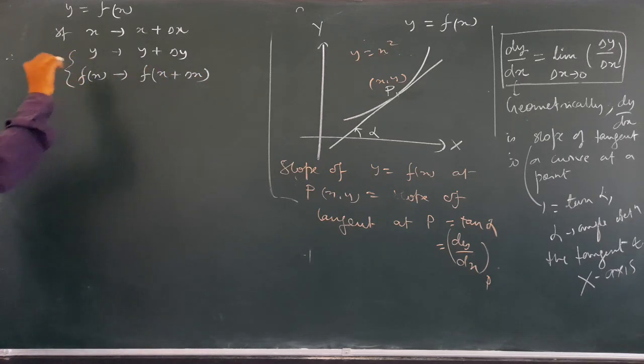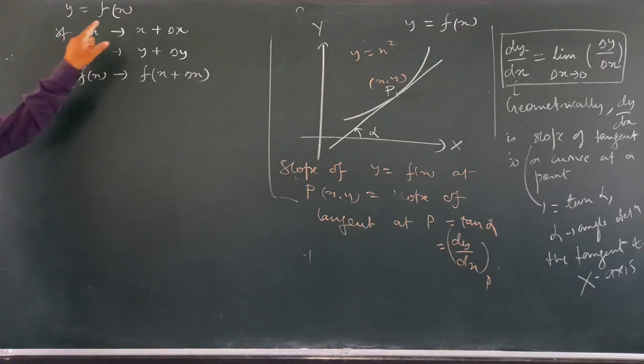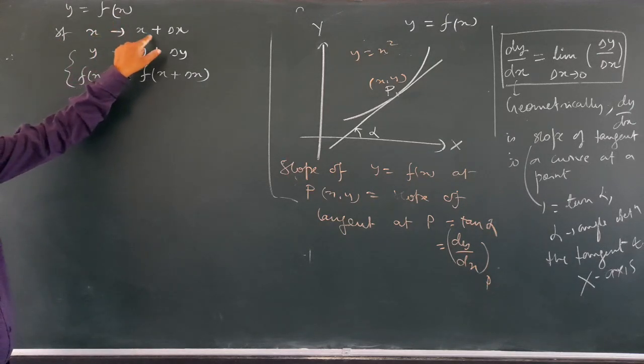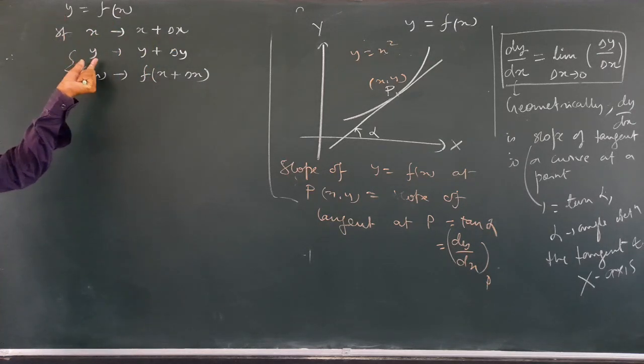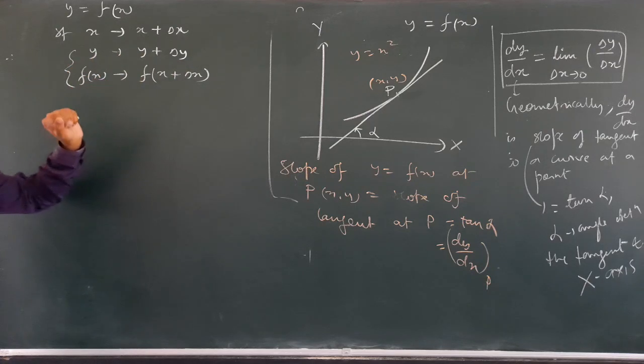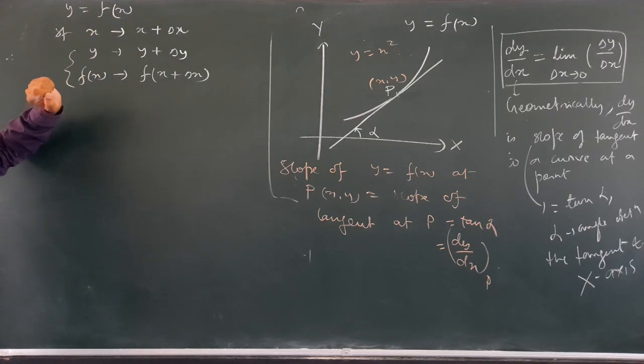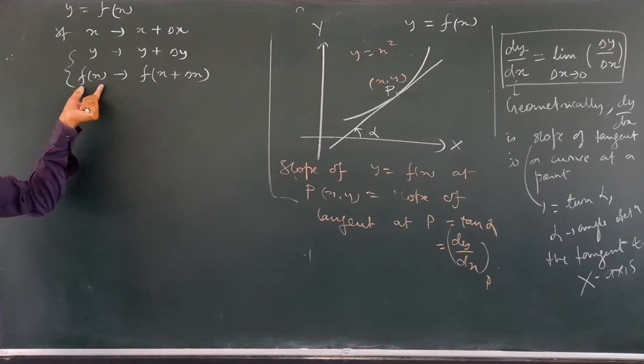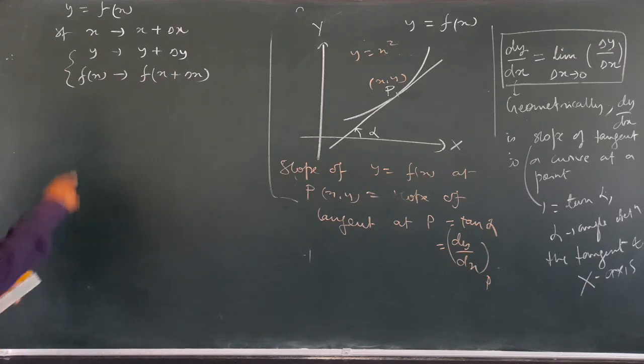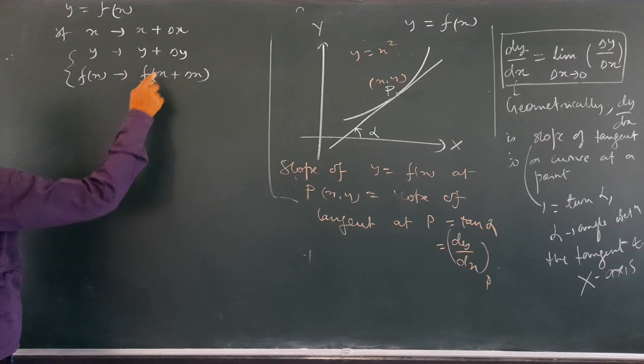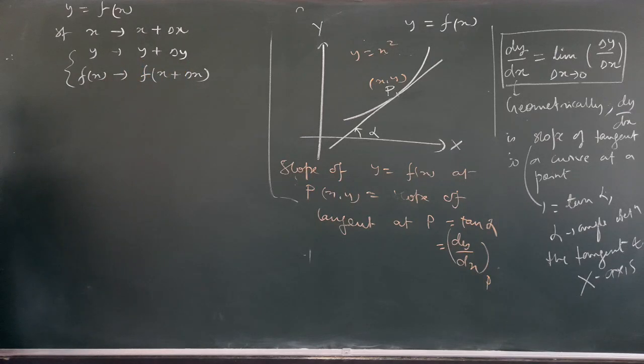All these things are same. Earlier the value was x, now it is x plus something. y was y initially, now it will be y plus something. And f(x), which was earlier f(x), will now become f(x plus something). So y is equal to f(x), y plus delta y is equal to f(x plus delta x).